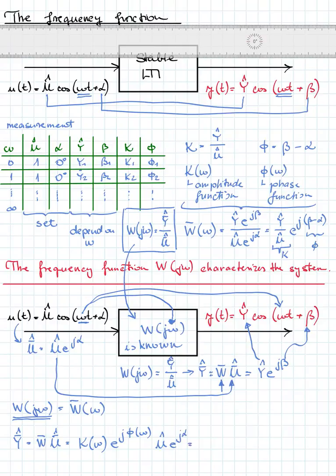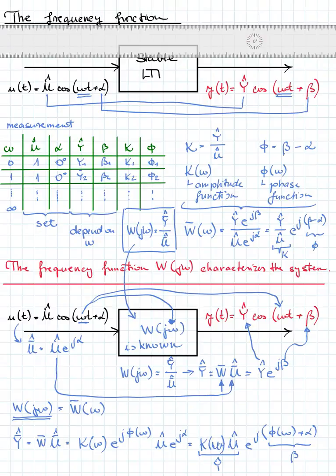So at the end, we will have a complex number which has the amplitude of k of omega times u hat. So this will be the amplitude of the output function, and e to the power of j (phi of omega plus alpha). This will be the value of beta, and this is y hat. So this is how the transfer function is working.